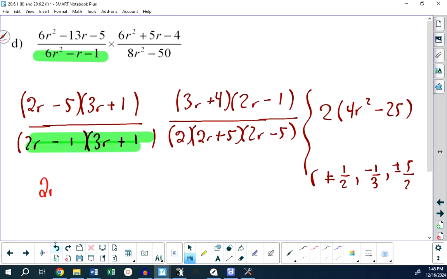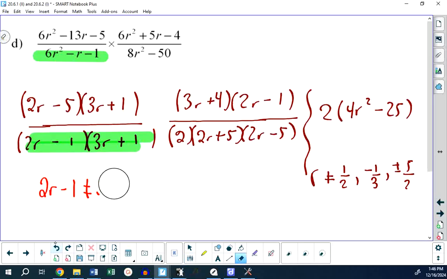If I say 2r minus 1 is not equal to 0 because that's a denominator, you should see why r cannot equal 1/2. If I say 3r plus 1 is not allowed to be 0, you should see why r is not equal to negative 1/3. And you can continue with the other ones.